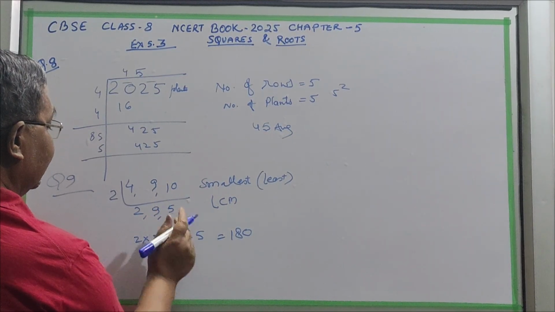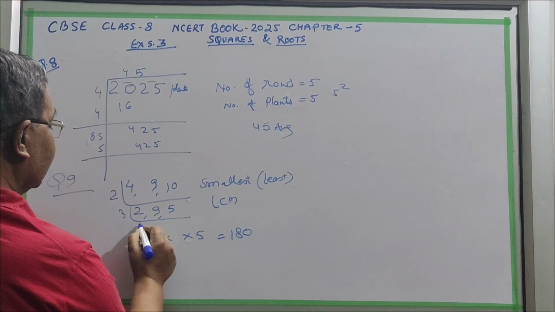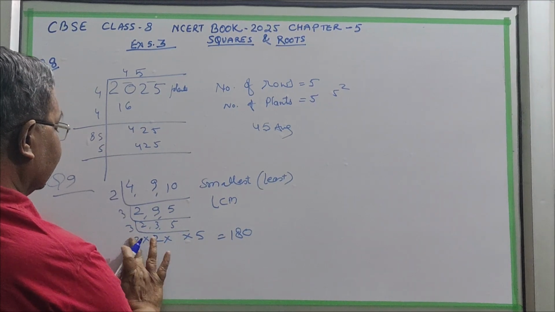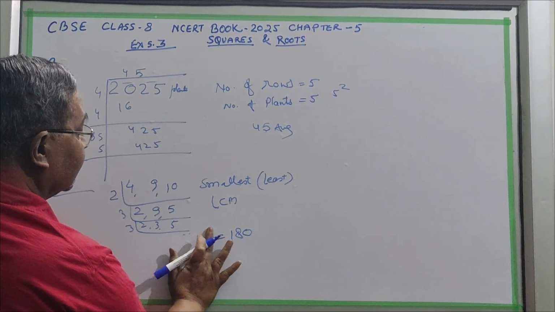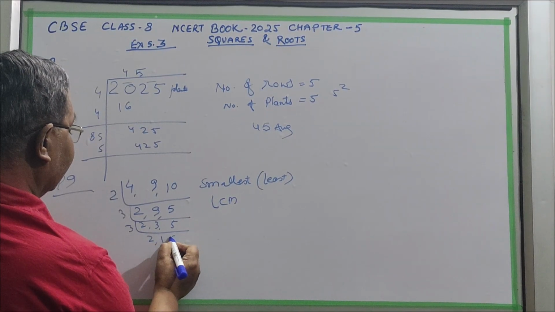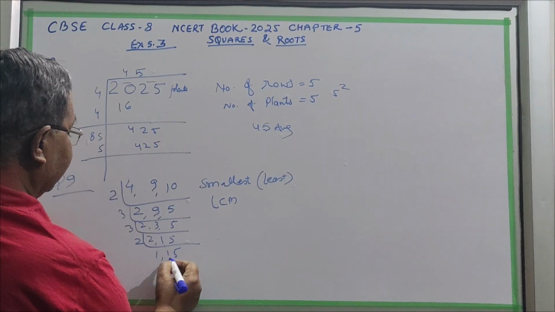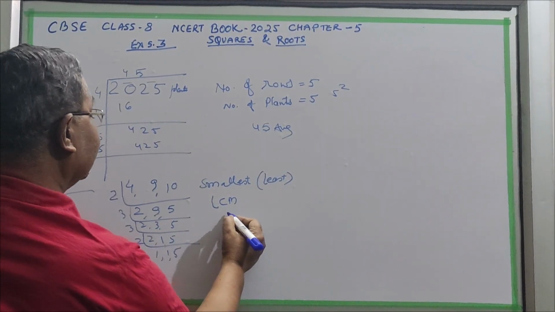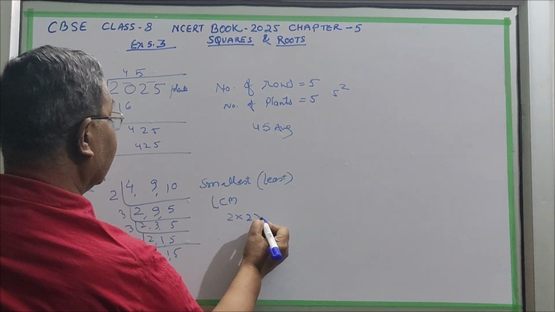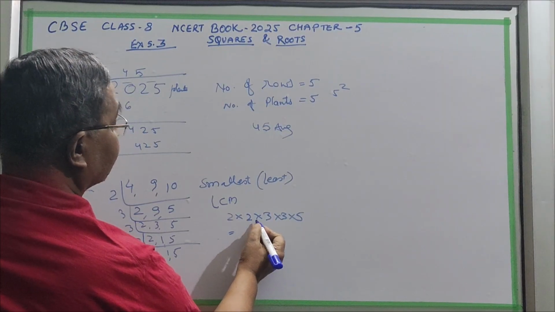So for 9 we have got a pair of 3s, and 2 also you have got a pair, and 5 is left alone. So by the prime factor method, the LCM is 2 into 2 into 3 into 3 into 5.